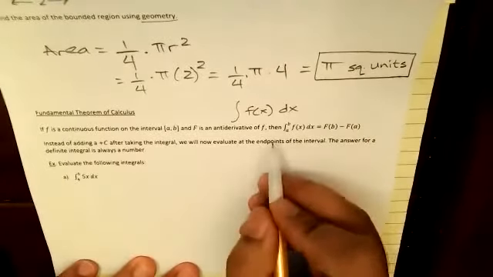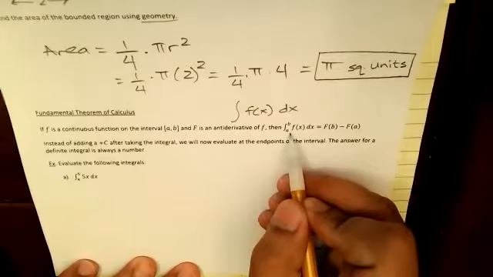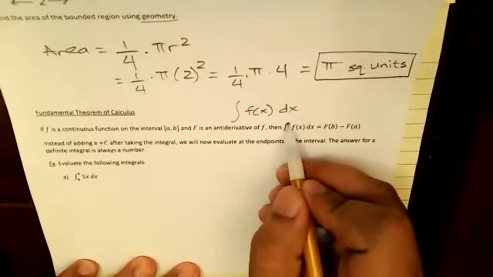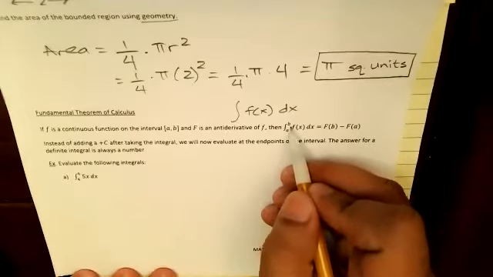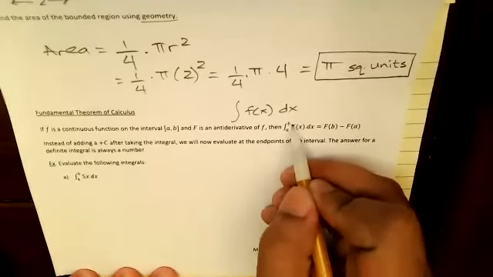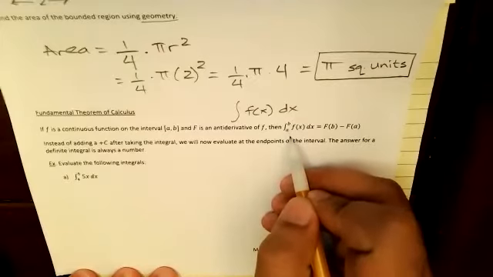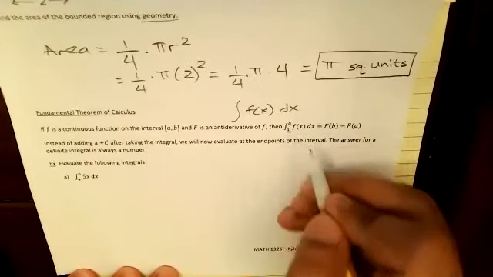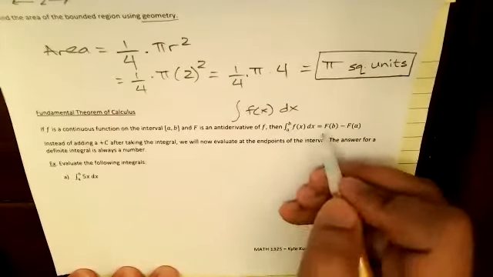What's going to happen now, the notation is going to change a little bit. So you're still going to have the integral sign, but then on top and bottom of it, you'll see here in the notes, you have a and b. So a and b are going to be numbers, okay? So there are going to be numbers attached to your integral, and then you're going to have your function.